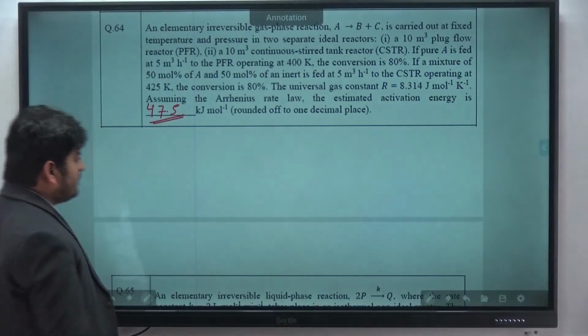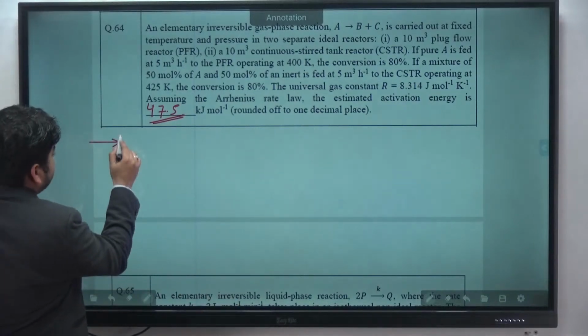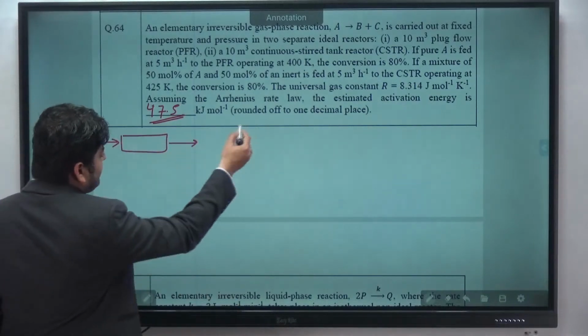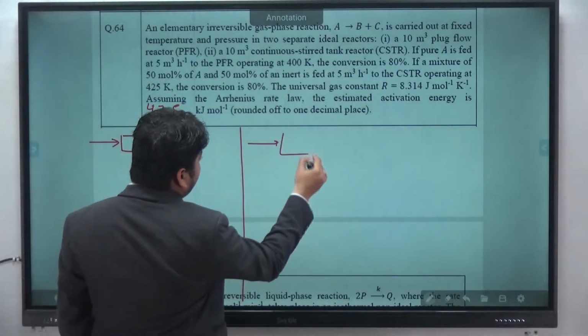So what you have to do, if you look at the question, in the first case PFR is given, in the second case MFR is given.